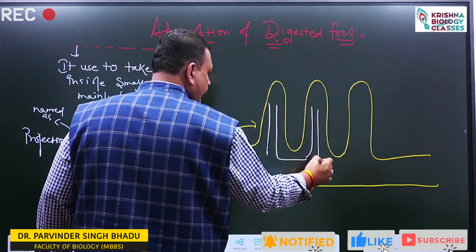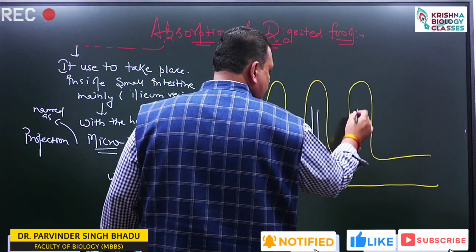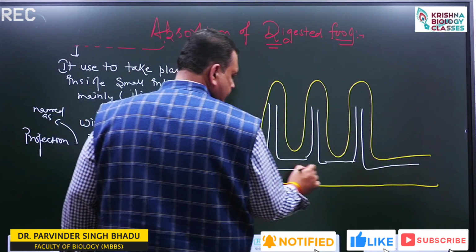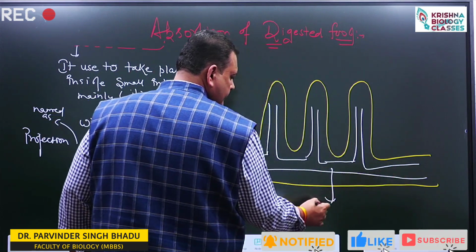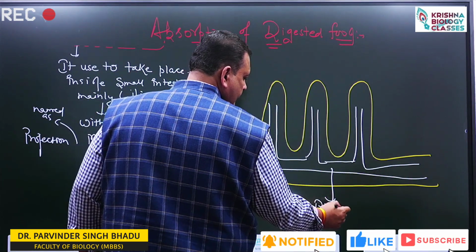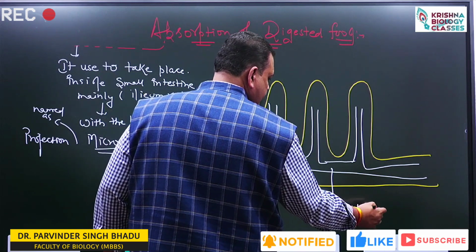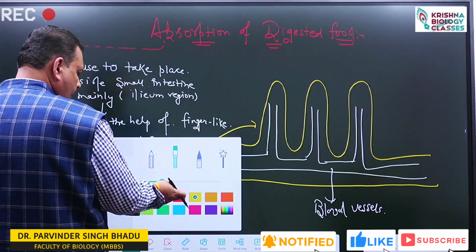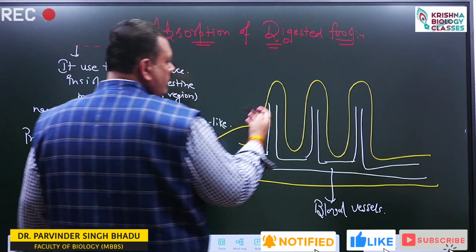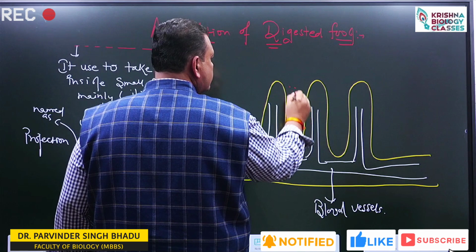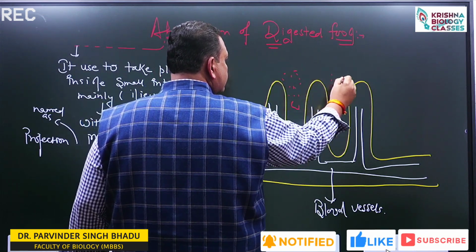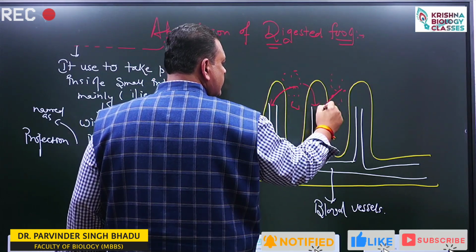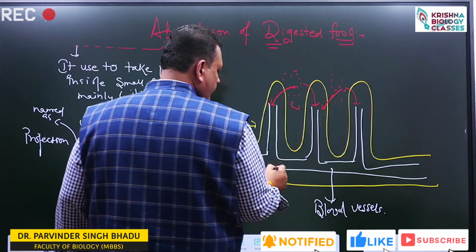like that, vessels are present. So these are our blood vessels. These are blood vessels, and food particles which are present in soluble form move from the lumen into the blood vessel.